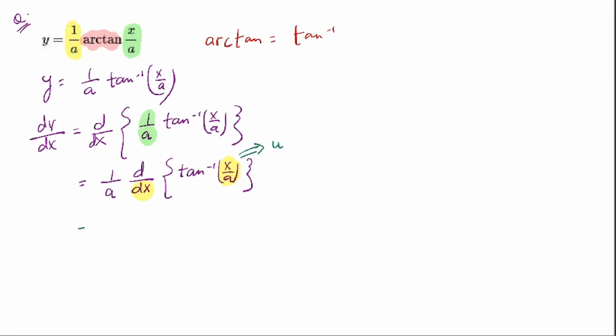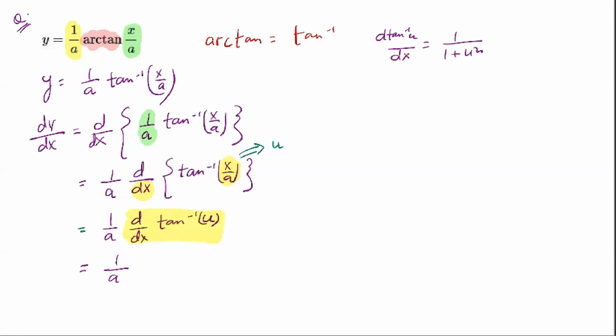So if we have 1 over a and d over dx of tan inverse u, du over dx, we can translate this part to the formula, which is 1 over 1 plus u squared, right?